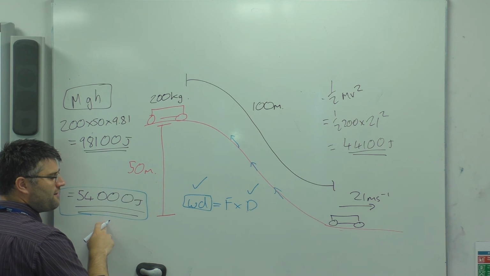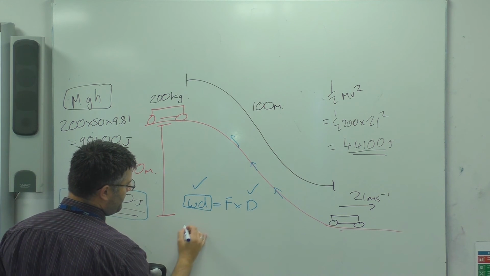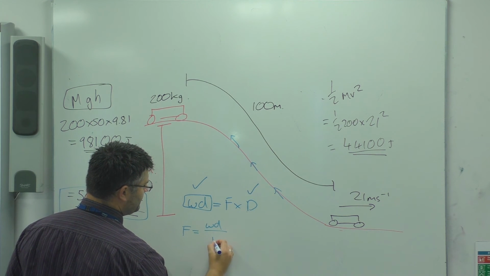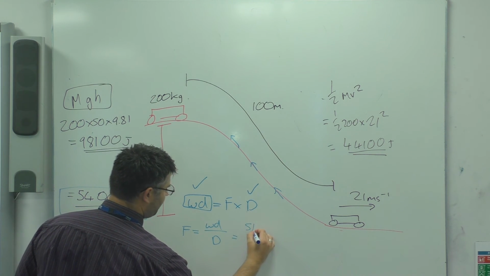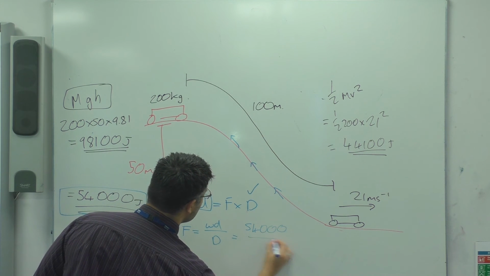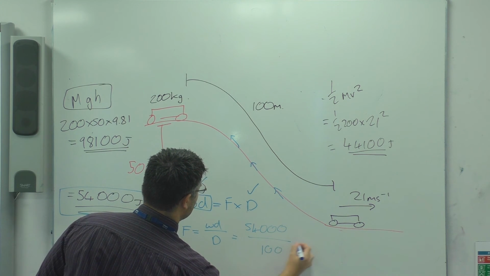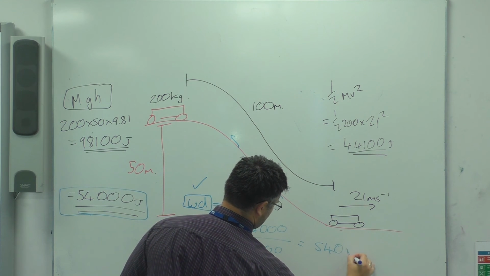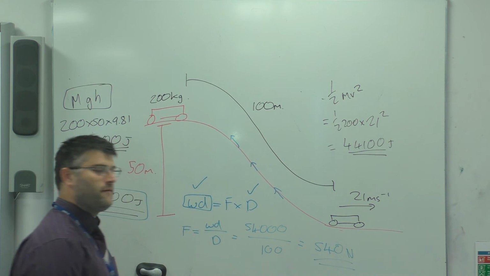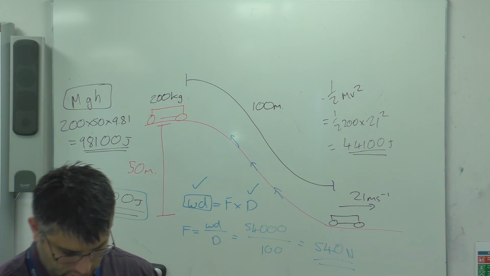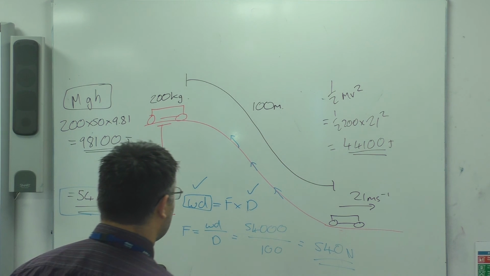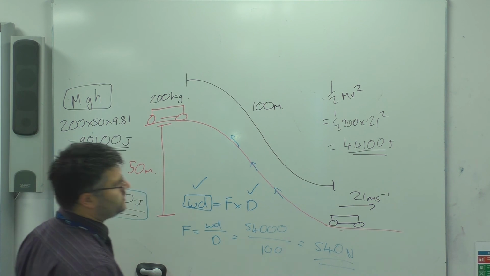So if we rearrange this for force, force is equal to work done over the distance. So that's 54000 divided by 100, which gives you 540 newtons. So 540 newtons is our average frictional force, and that is our final answer to this question.